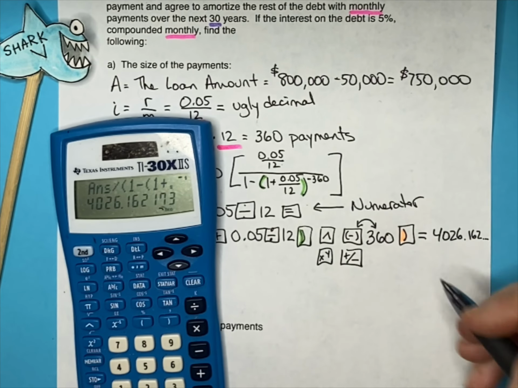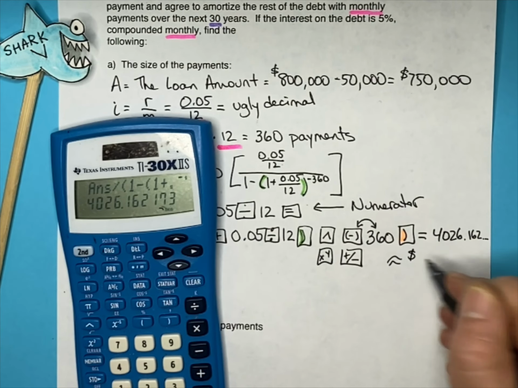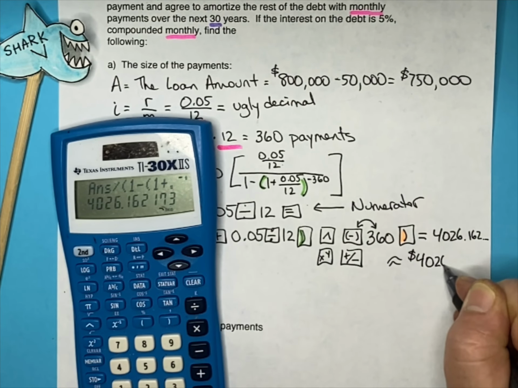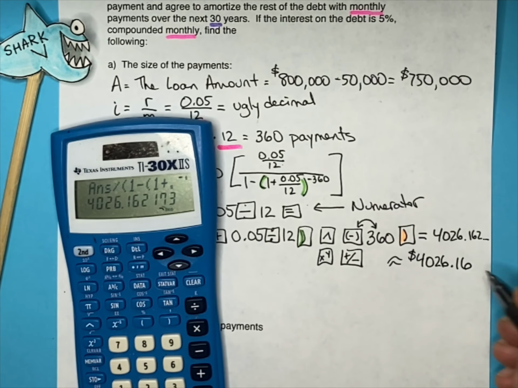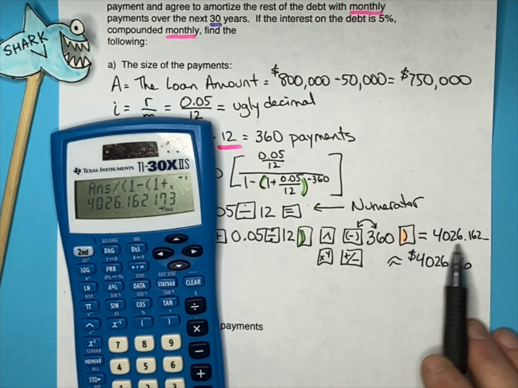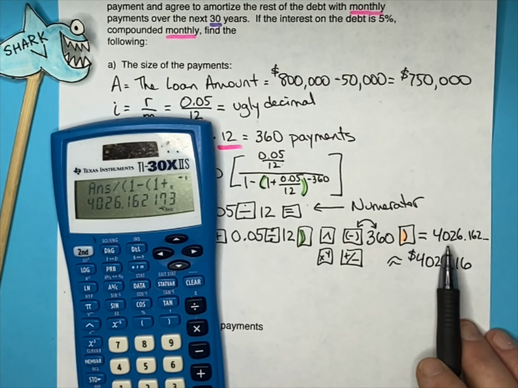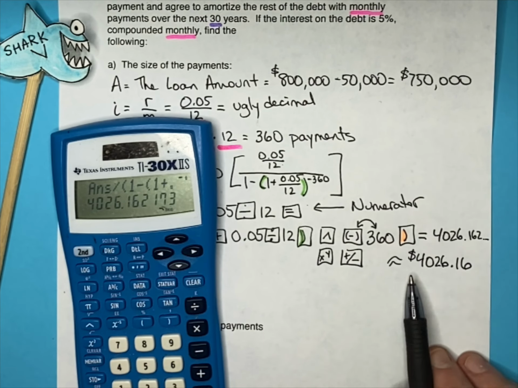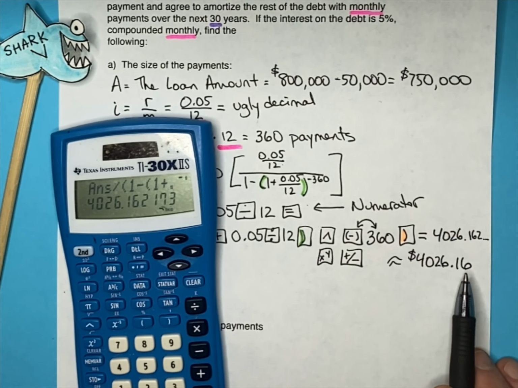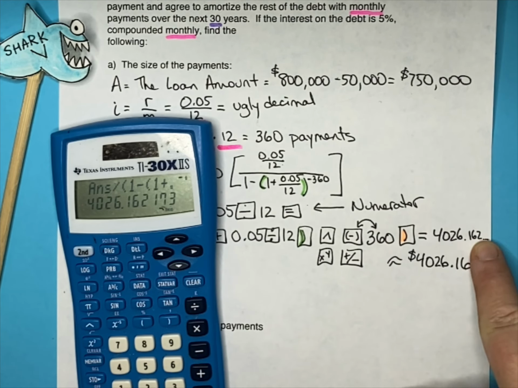So this is going to be approximately 4026.16. Now, remember what I said about the last payment. In fact, to pay your mortgage, you have to pay this much exactly. We're going to be paying slightly less than that. So that means that the last payment will likely be a little bit higher to take into account all of those extra little bits.